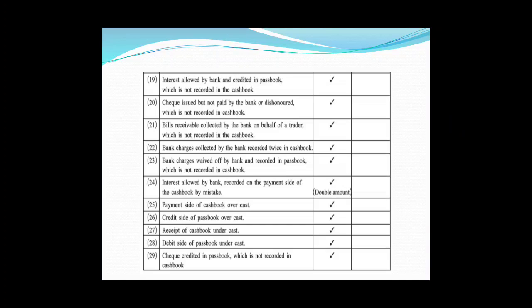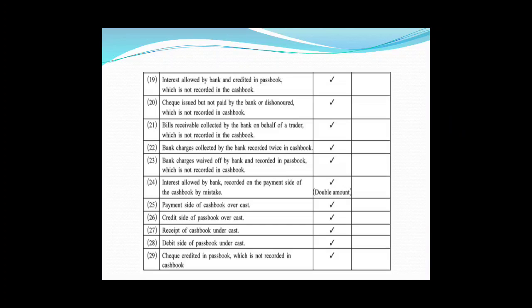In bank it has been credited, and in cash book also instead of debiting it has been credited. So to overcome this, we will have to debit this amount two times, that is, double amount will be debited in our bank reconciliation statement.